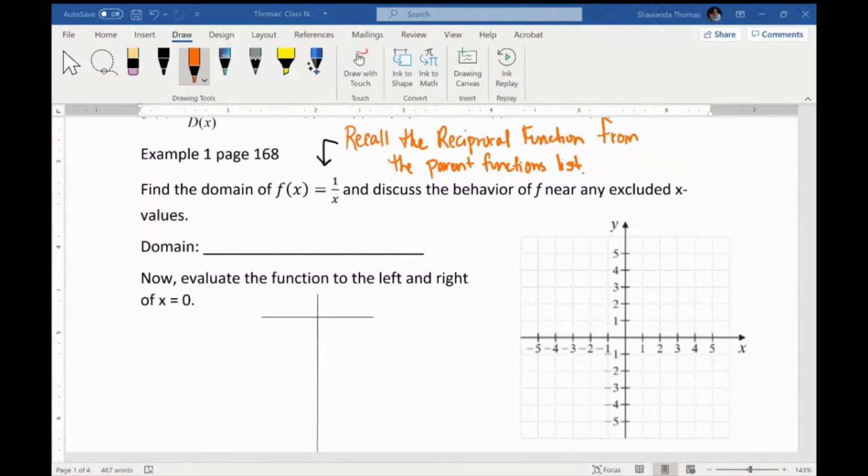That's the number we don't want, because if we set x to equal zero, what happens? You told me earlier, Kyria. Undefined. It will make it undefined. So what's the domain? Remember, I showed y'all three different ways. All real numbers except zero.